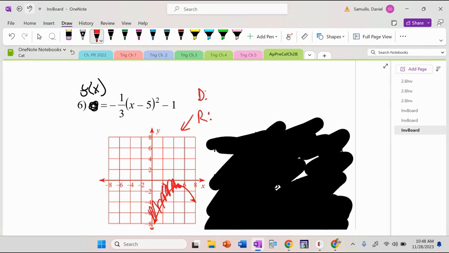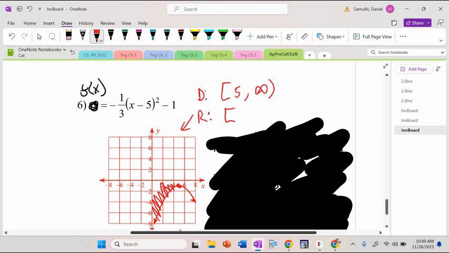So you had 2 possibilities. More than likely, people destroy this part. So therefore, the restricted domain should be 5 to infinity, or you could have -infinity to 5 if I destroyed the other part. Then the range, well, you did have to know about vertex. The vertex is at -1, but then it goes down. So it's -infinity to -1.